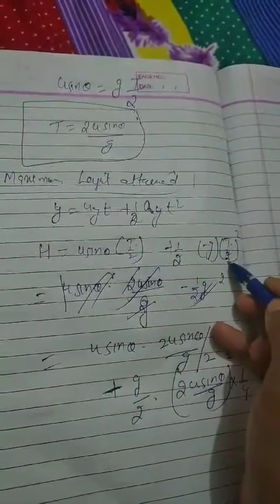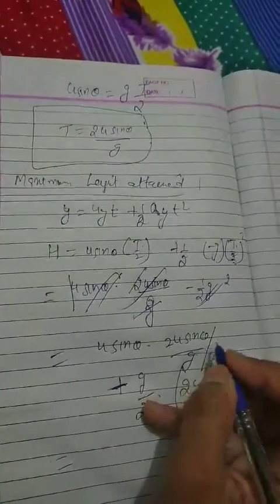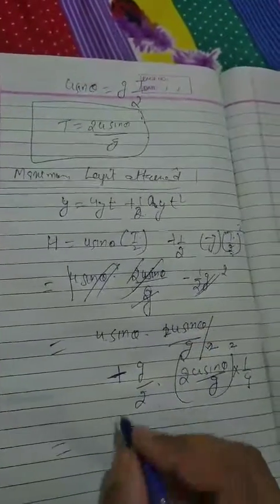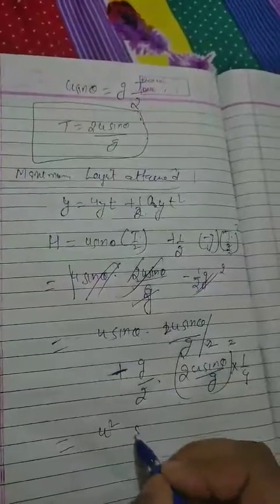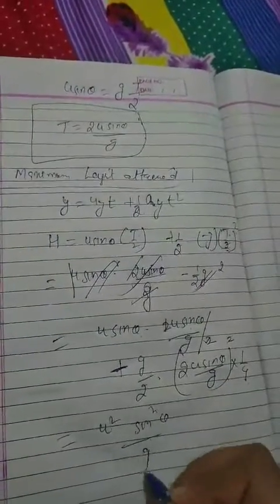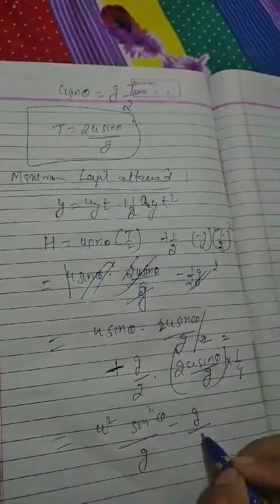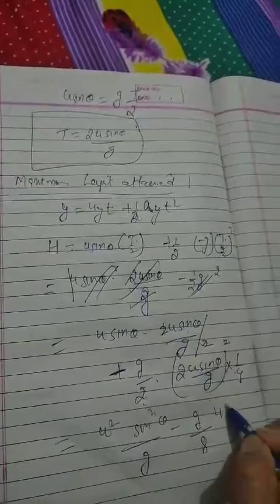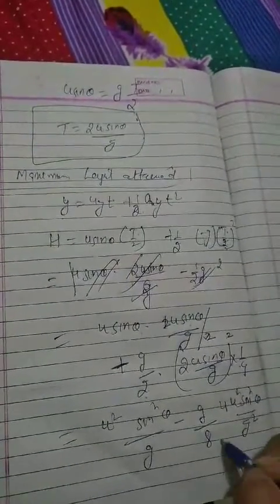The 2 and 2 will cancel out, and u and u will be u square sin square theta divided by g, minus g by 2 into 2 into 4 is 8, u square sin square theta upon g square.